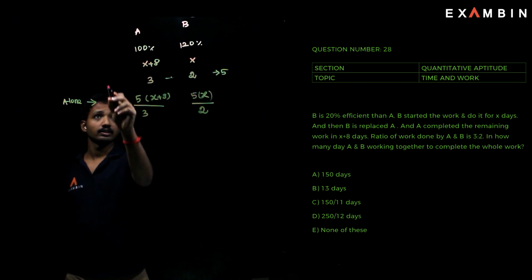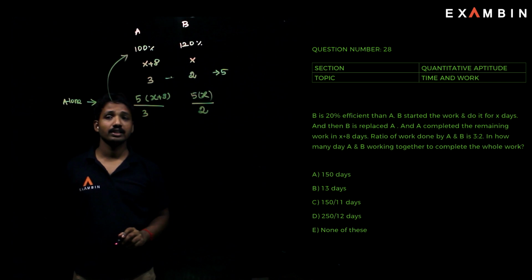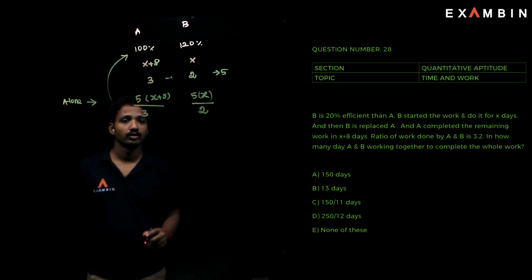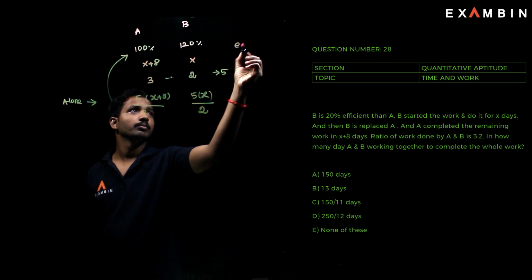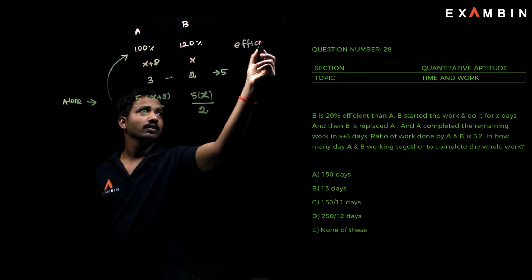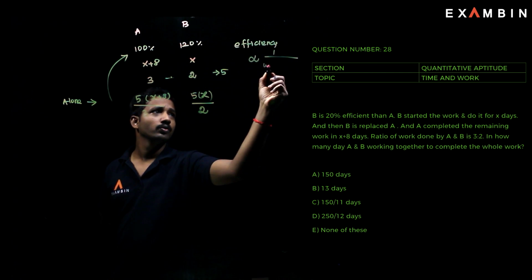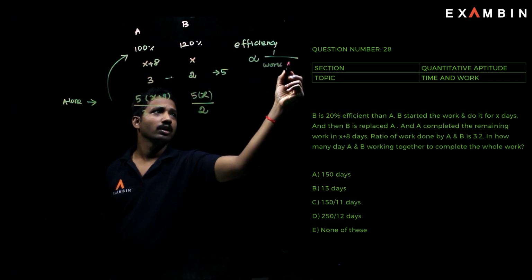We also know that the efficiency ratio between A and B is 100% to 120%. Efficiency is always inversely proportional to working time.